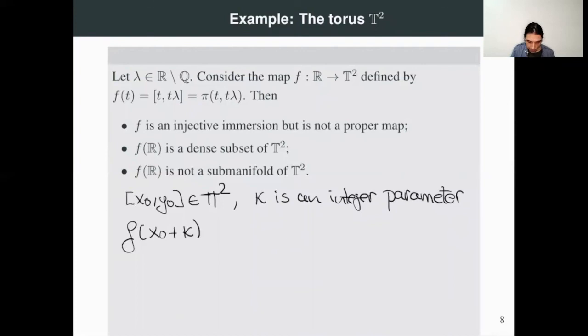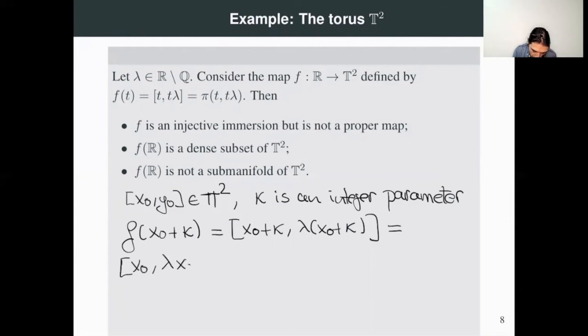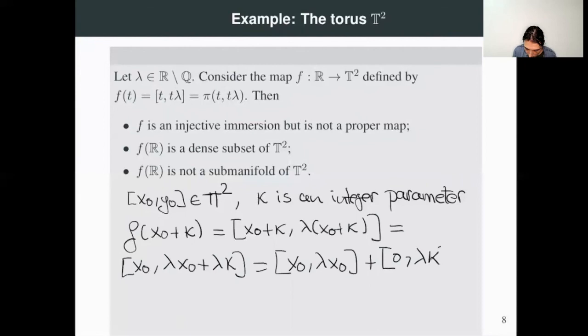What is the image of x0 plus k? It's going to be the class of x0 plus k and lambda times x0 plus k. But since we can subtract any integer number from any of the coordinates, this is going to be the class of x0, lambda times x0 plus lambda times k. Indeed, it's going to be the class of x0, lambda times x0 plus the class of 0, lambda times k.